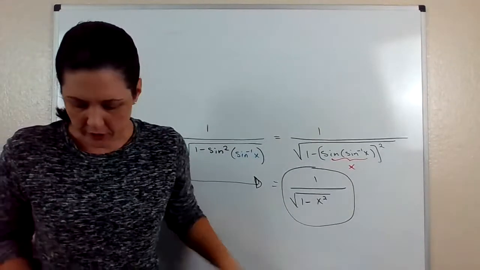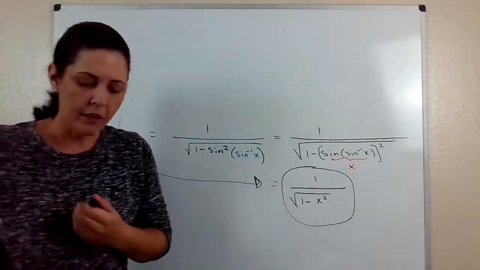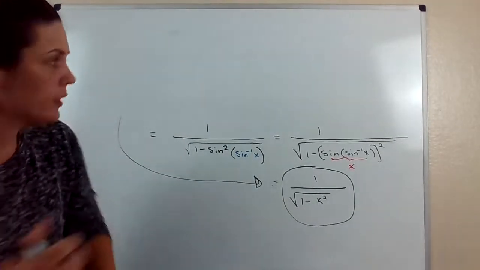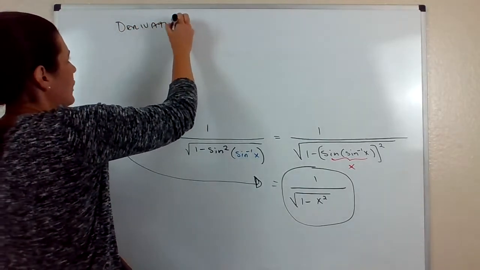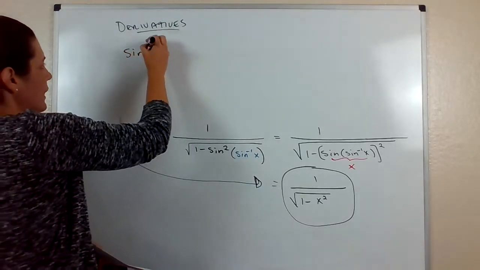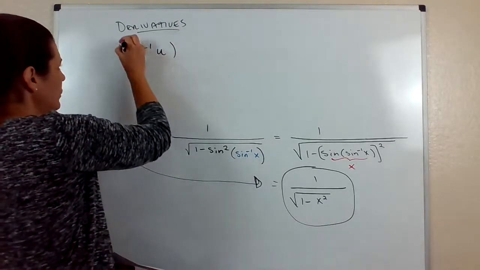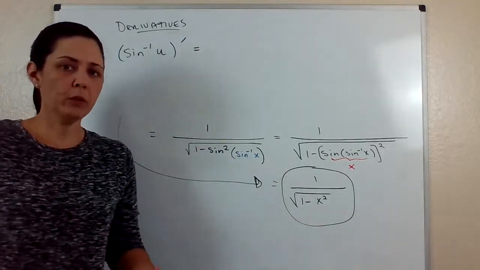So we'll leave that there for just a second, and then we'll make our list. And this is your derivatives of your inverse trig functions. So these are the actual derivatives. All right, so we're going to start with the one we just found, sine inverse of u, because a lot of the time you're going to have to use the chain rule.